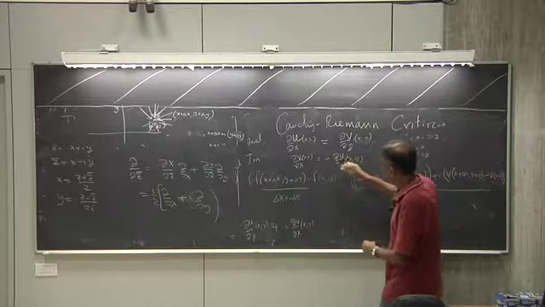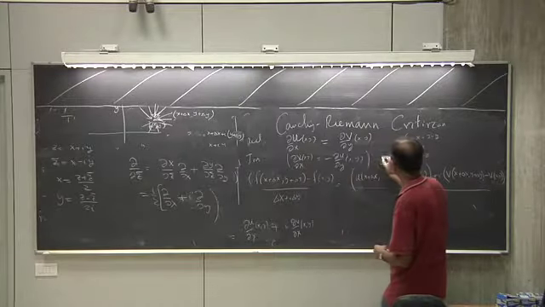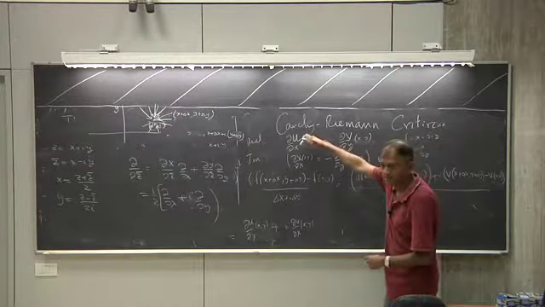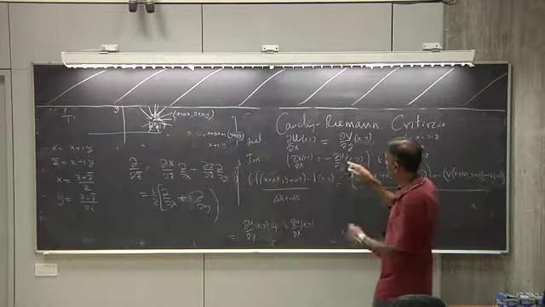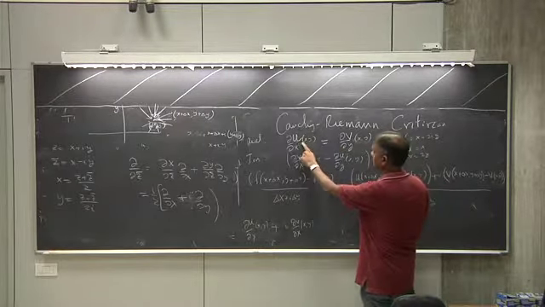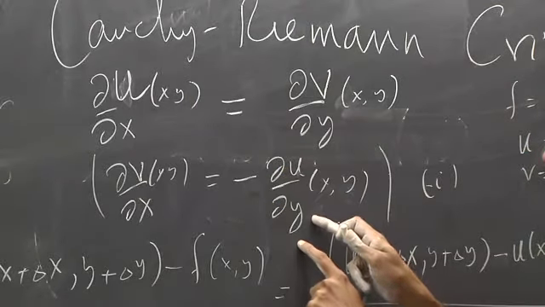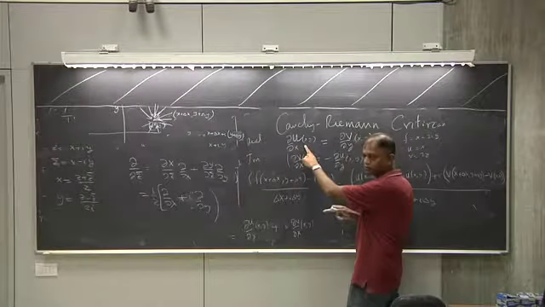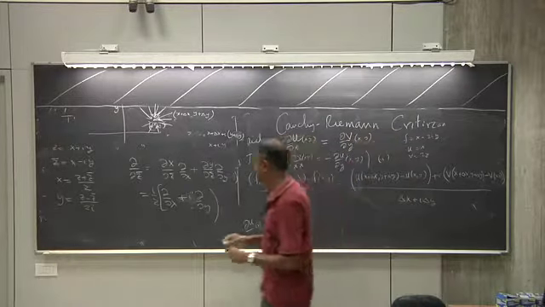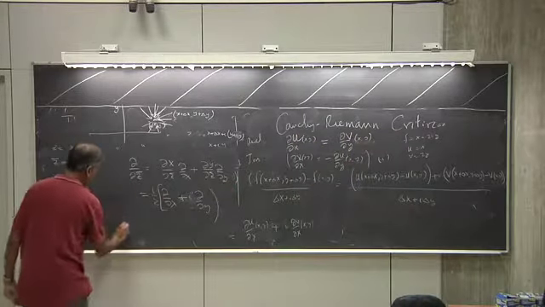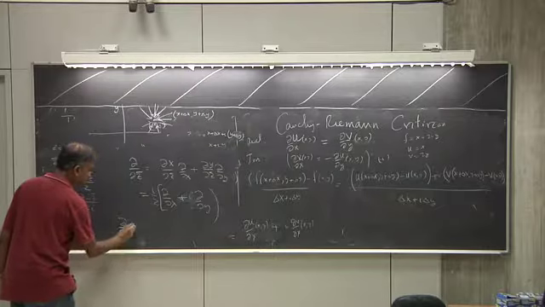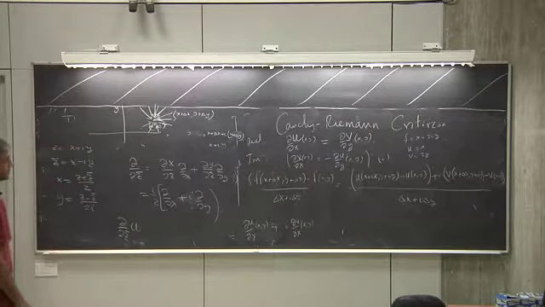So you get d by dx of u plus i times du by dy, which is the same as d by dz bar of u.